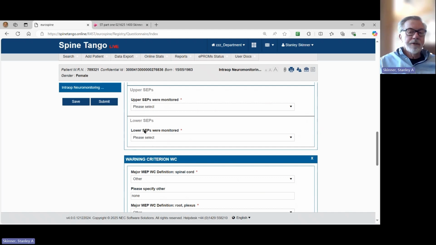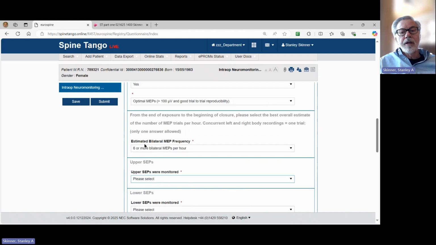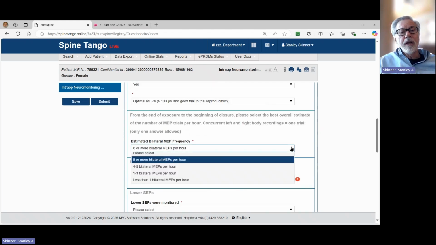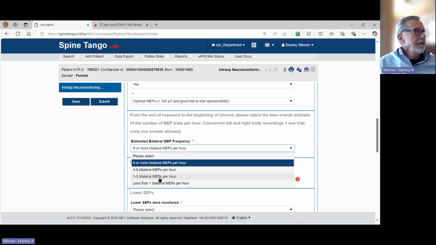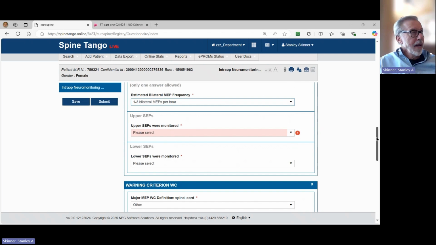Again, these are estimates. Maybe the surgeon is a little anxious about doing a lot of MEPs in a particular case. So maybe we're going to do less than 1 an hour, or 1 to 3 per hour. Just put down the number that actually is pertinent as you complete the form after the case.